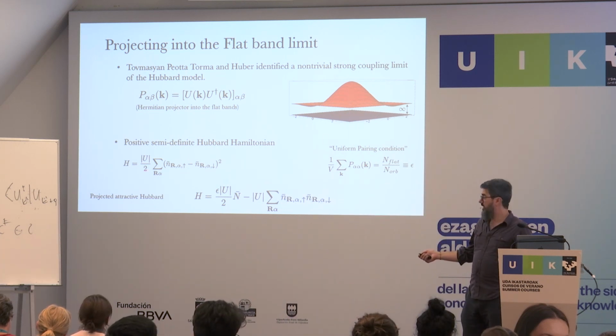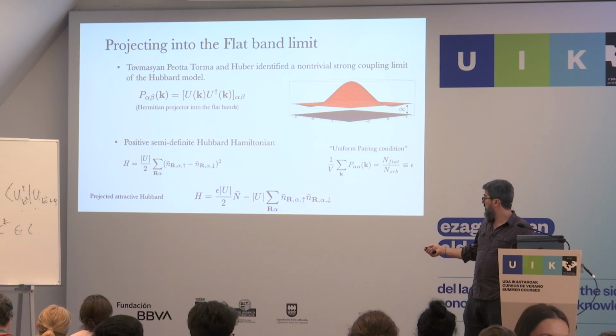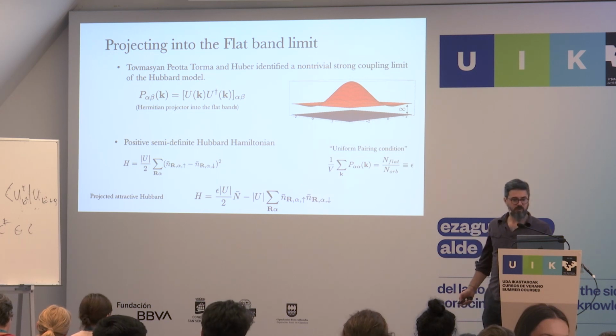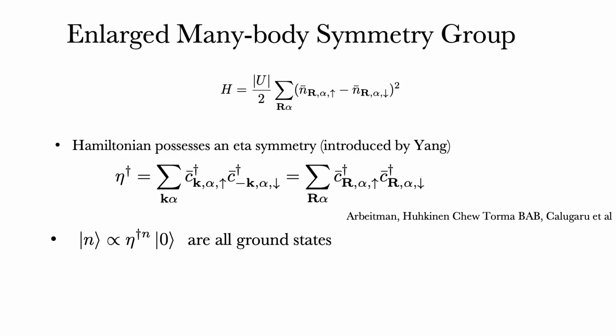It's very easy to find the ground state of this because it's a positive semi-definite Hamiltonian, which is a negative U Hubbard model. And the ground state is the following. You notice that all the bars are creation operators in the flat band, in the projected band.